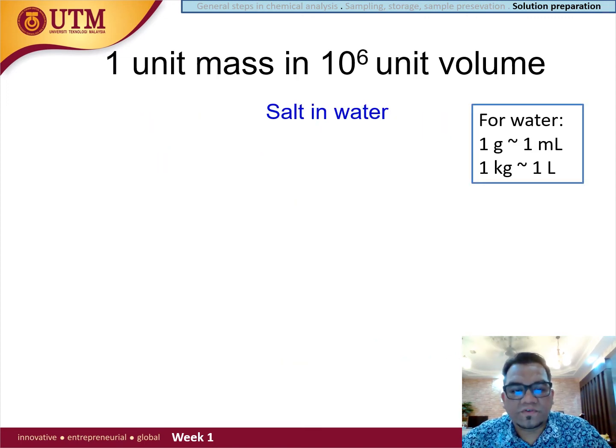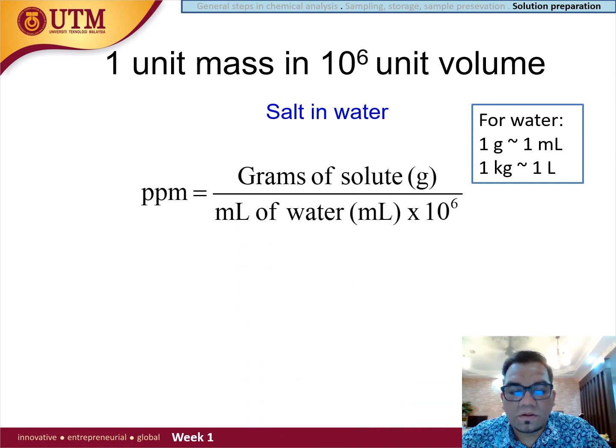For example, 1 unit mass in a million unit volume, like salt in water. Remember, for water we just assume that 1 gram is equivalent to 1 milliliter and 1 kilogram is equivalent to 1 liter, despite the density of the water. So 1 ppm is gram of solute divided by the volume of the total water.